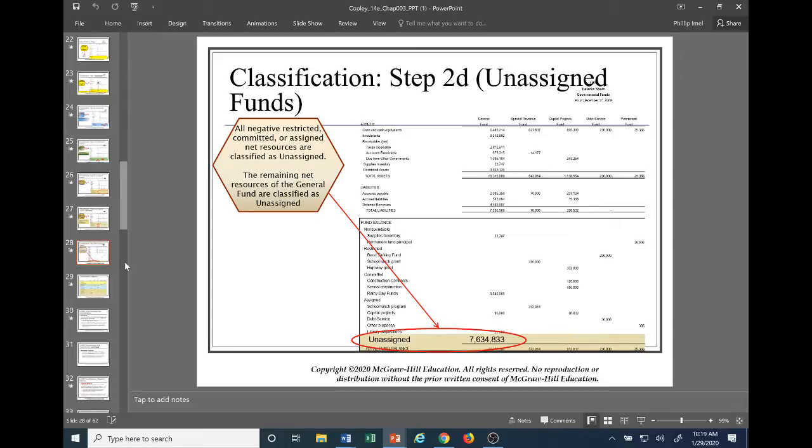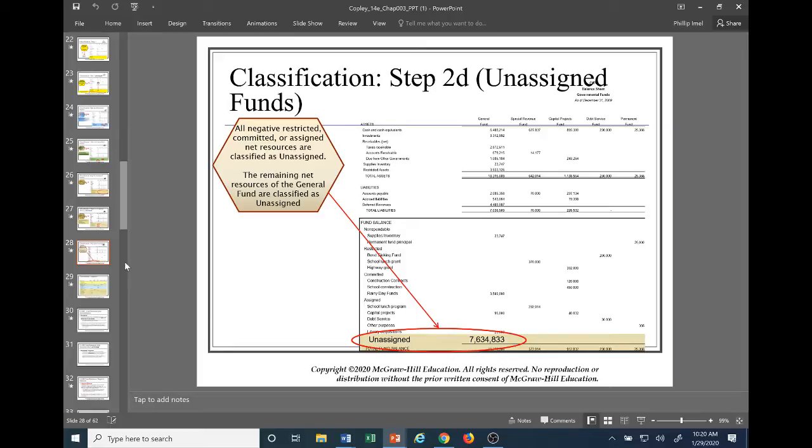So let's say in the capital projects fund, we have a positive assigned fund balance, right? But then we have negatives in the restricted, committed, or assigned. So we have to move that positive assigned fund balance and cover those zeros or the negative amounts. But if we don't have enough, then those negative amounts are transferred to the unassigned in the general fund to pull it out of the negative.